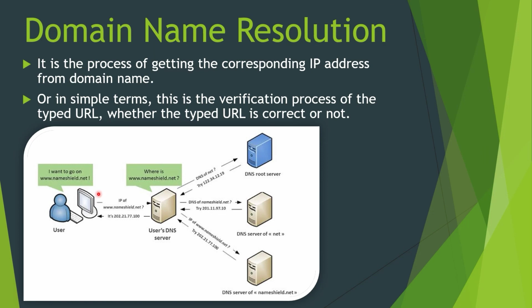Then the DNS server will check whether this URL is correct or not. And this is not a single stage process. It needs many steps. For it, it will go to the DNS root server, the DNS server of .net and the DNS server of nameshield.net. And after the verification from all, it will verify it and then the user will get the result.